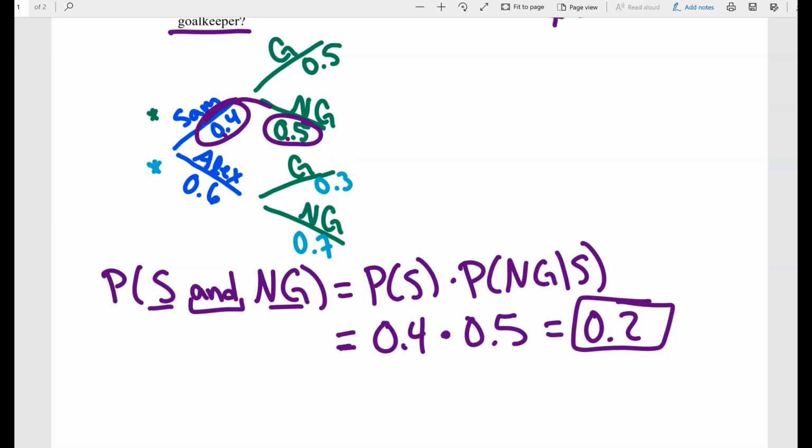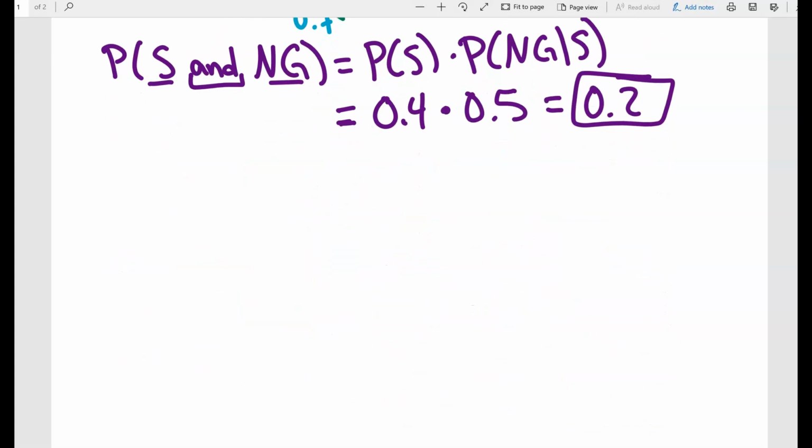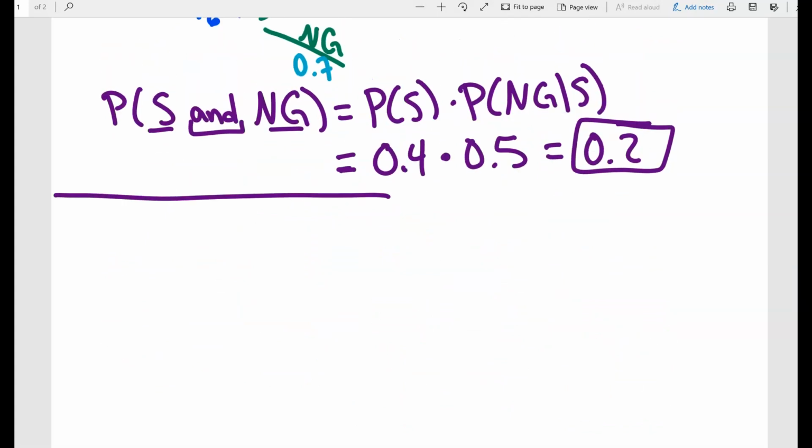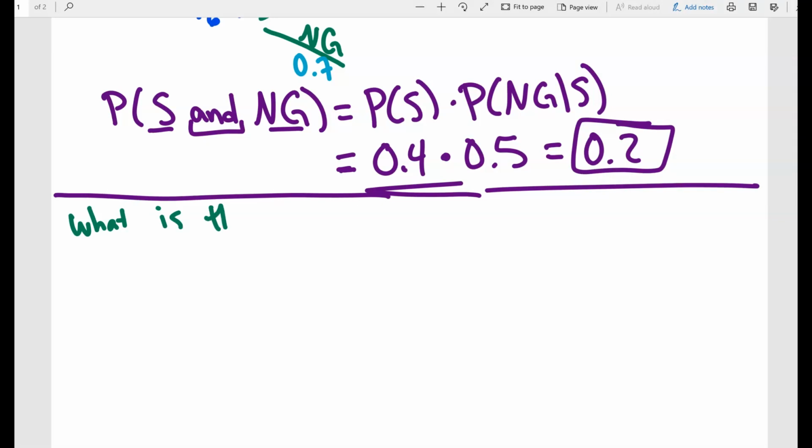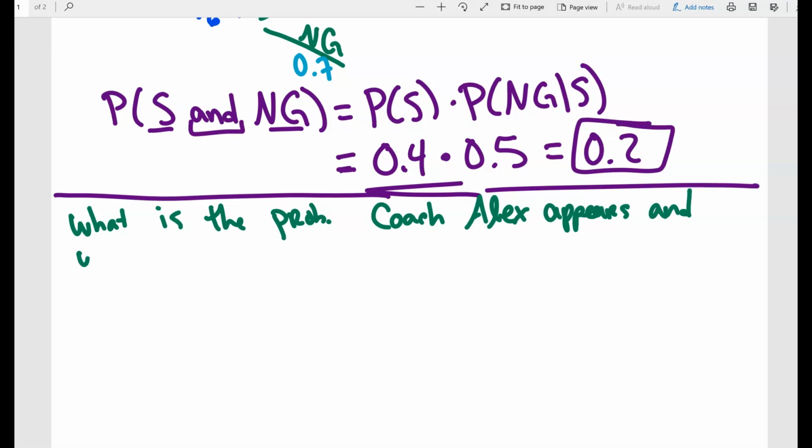Okay, so right before we go to the next problem, let's do one more. Let me just write an additional problem. What is the probability Coach Alex appears and you are goalkeeper?